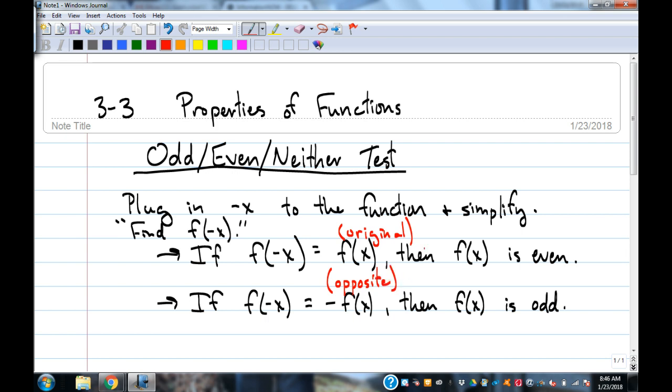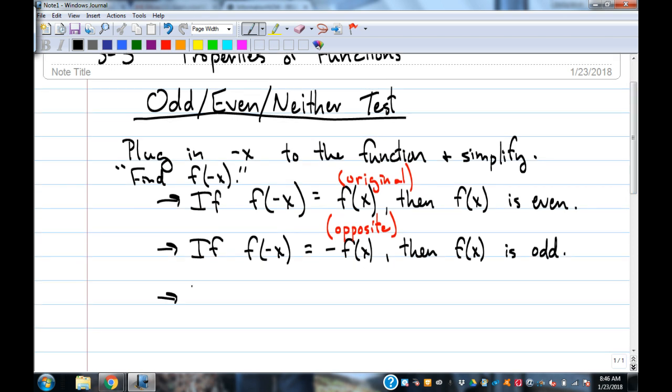We're going to do some examples here in a second, but everybody changes signs on the opposite. Okay, so if it was positive 3x cubed and you plug in a negative x, that's going to turn into negative 3x cubed. So it changes the sign of everything in the problem. Everything has to change for that to happen.